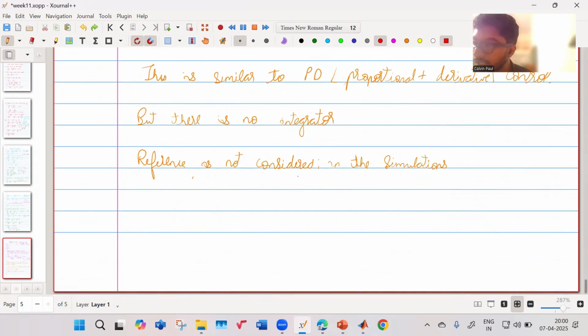As well, we consider an example of output feedback control to stabilize the system.